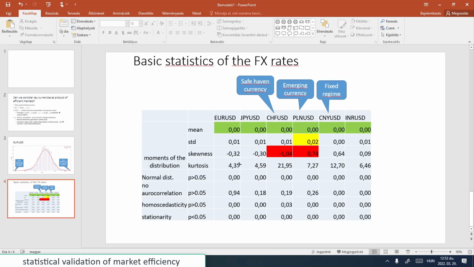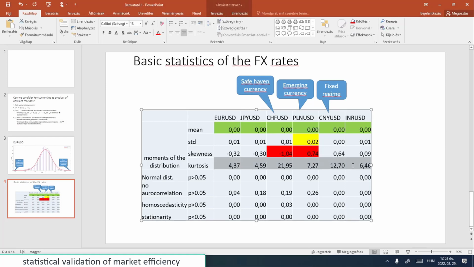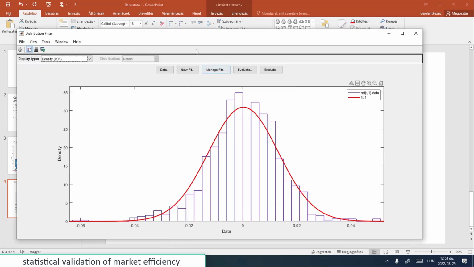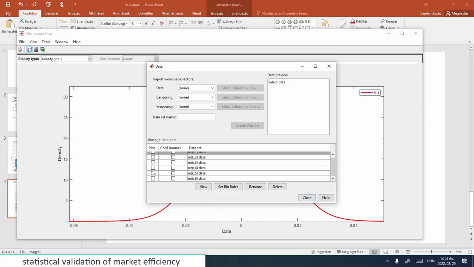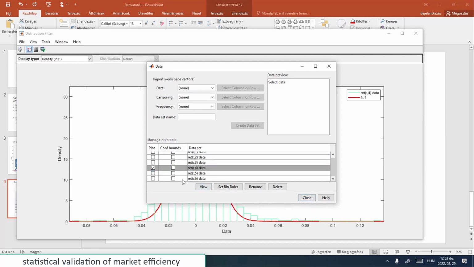Okay, kurtosis. This refers to the extreme values, and if we are looking at it, we can see that this is supposed to be 3 to have an efficient market, and 4-ish is still something. Okay, in the case of the Swiss franc, I will show you that this currency is completely crazy. That was this one, the green one.